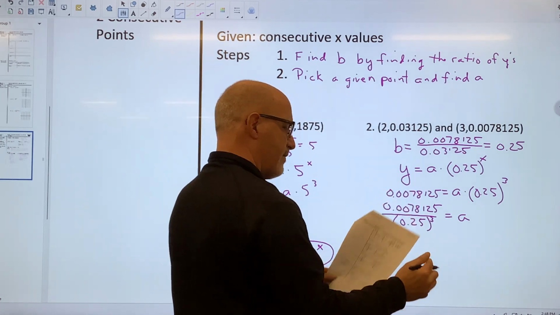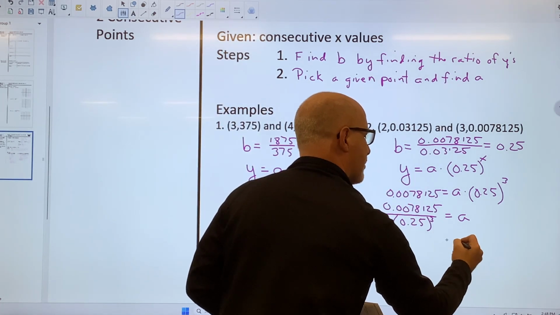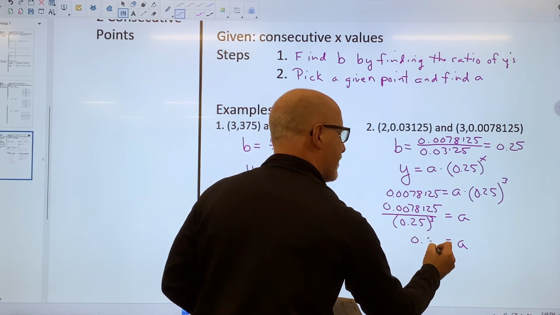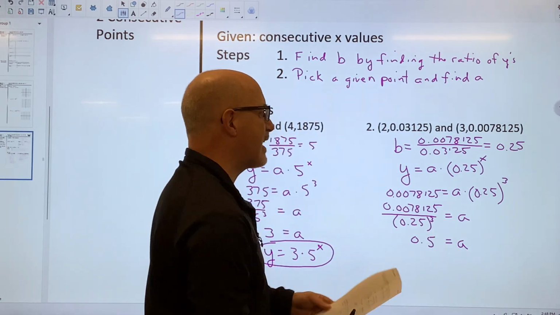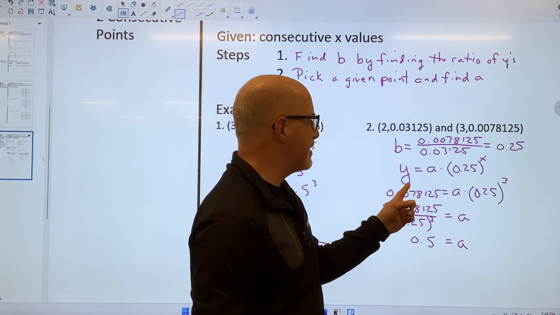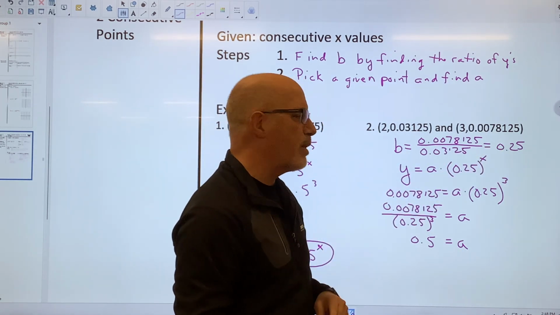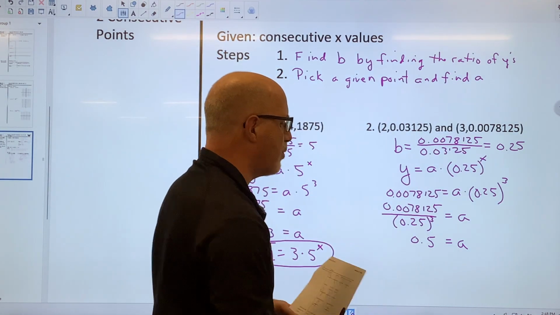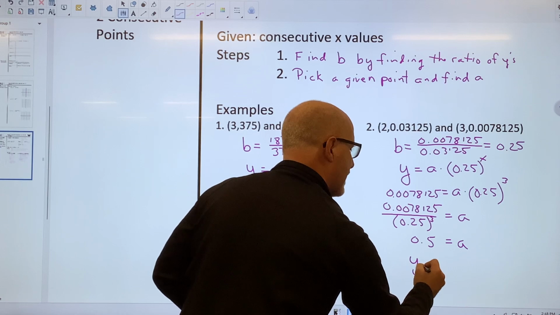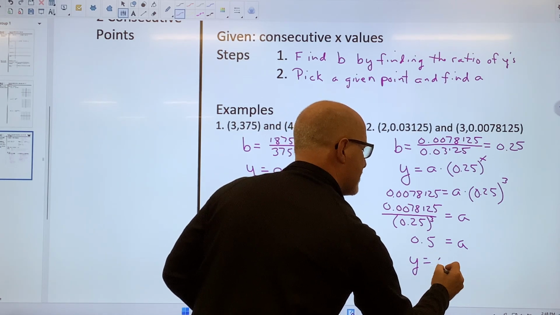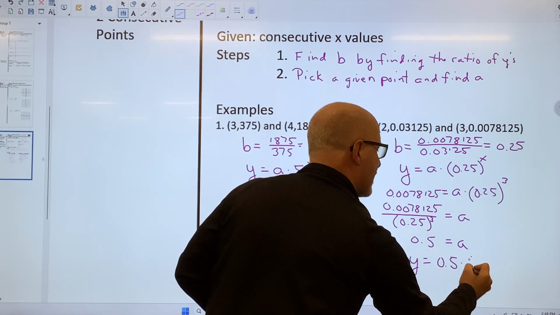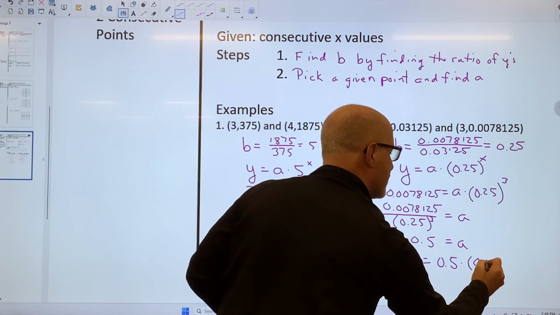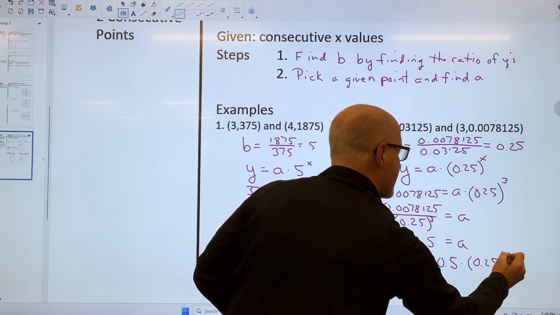And once I do that division, I get 1/2, 0.5. So now I've got my base, 0.25, and my initial value, 0.5, and so I can put that into my equation, and that's 0.5 times the base, 0.25, to the x power.